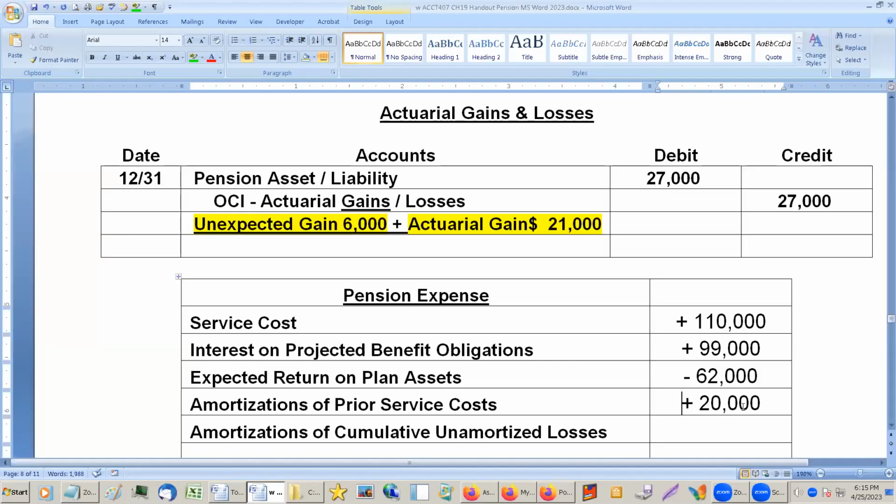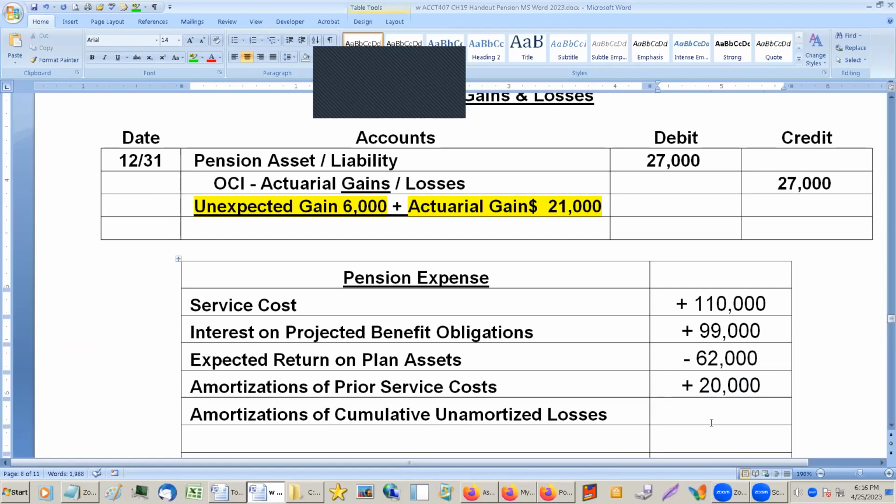It used to be very rare, and now it's more common, kind of a negotiated thing. So this can actually be pluses or minuses depending on the structure of it. Normally, though, if it increases it, it's going to be a plus down here. And we don't have any of those.